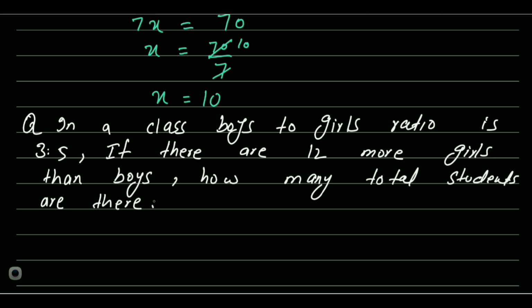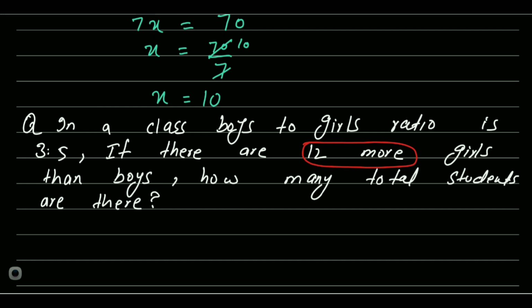So first of all, we have to highlight the main things. There are 12 more girls, we can see that 12 more is written here, and in a class boys to girls ratio is 3:5. Like ratio of boys is 3 and ratio of girls is 5. First boys is written, so first ratio is of boys, and after that girls is written, then the ratio of girls is 5.